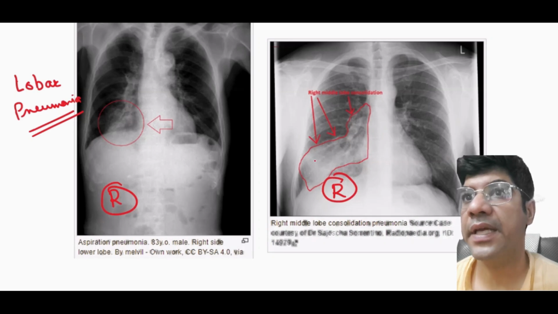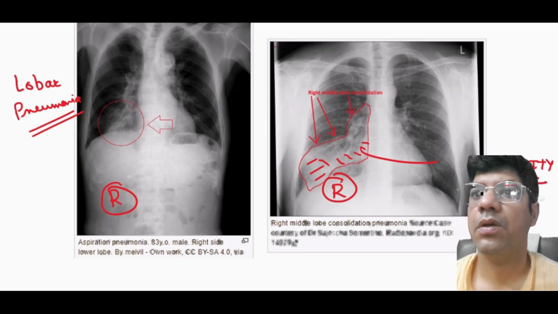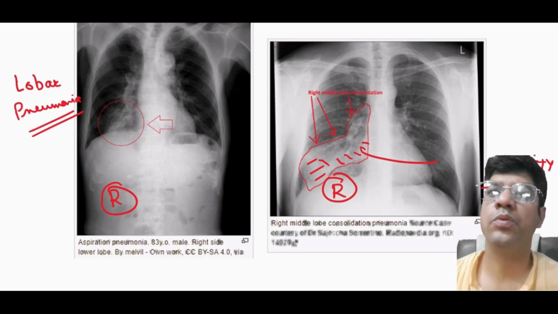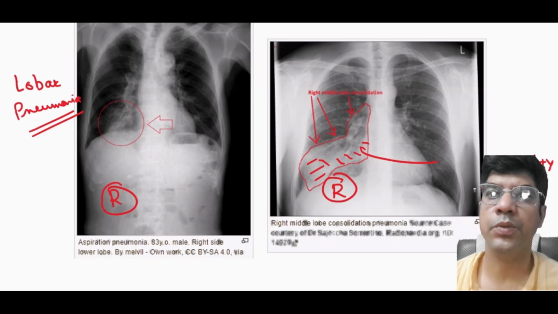Second, you would see an area of opacity. Here you can see the area of opacity. Opacity refers to an area on the X-ray film where the normal lung tissue is not clearly visible.